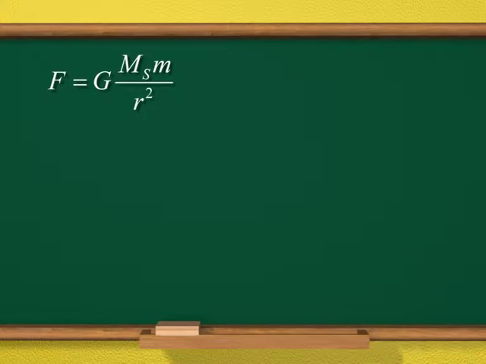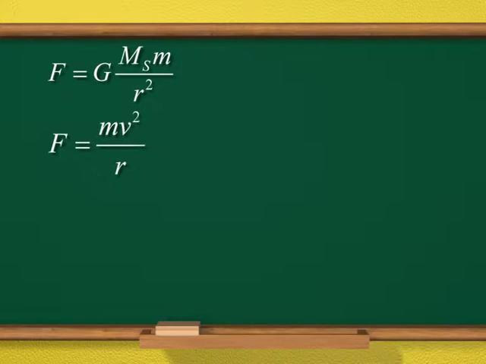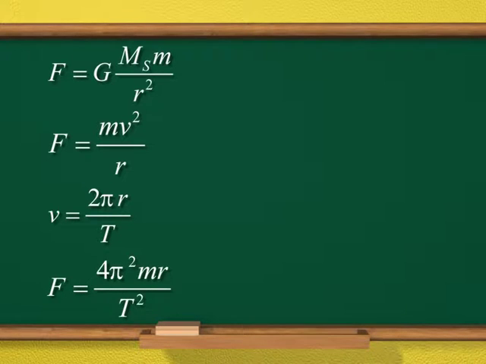This gravitational force acts as centripetal force, which is m v square upon r, where v is the orbital velocity of the planet. We know that the orbital velocity v is equal to 2 pi r upon T. Hence, centripetal force becomes 4 pi square m r upon T square.